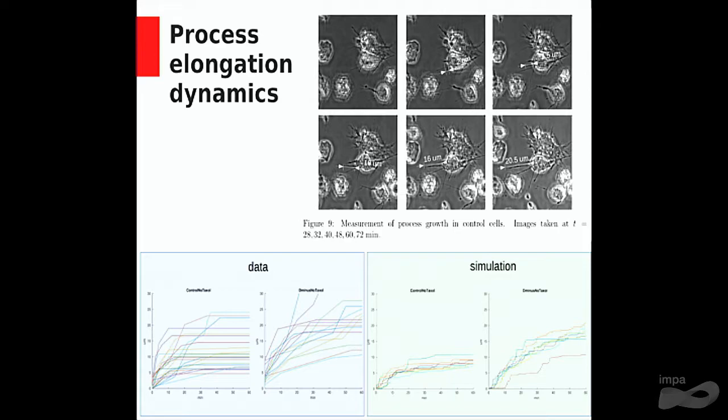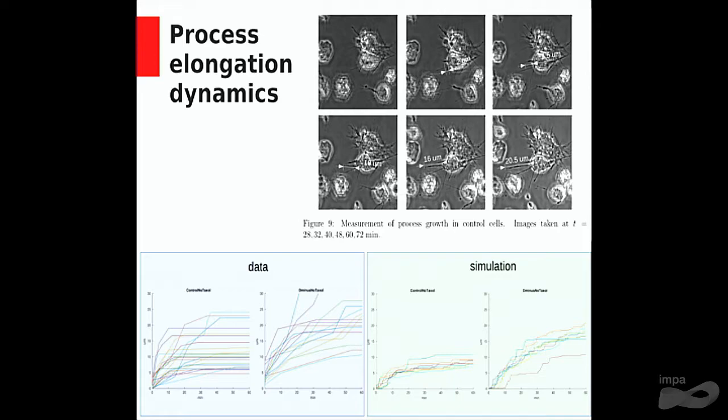This is now for control. This is for dynein-inhibited cells. And this is the respective simulation result. So at least something similar is going on. In control cells, those processes grow, but later on their growth is much slower. A similar thing happens in the simulation.